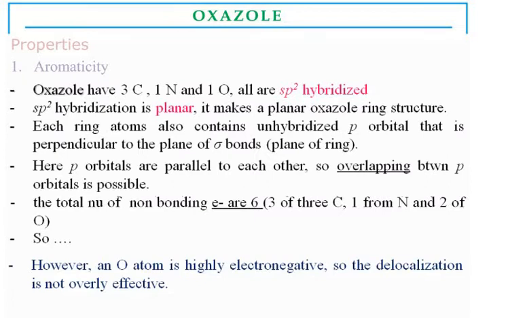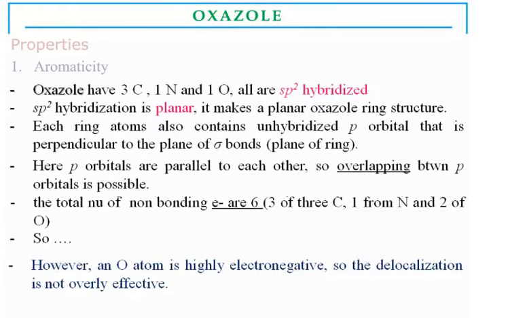We have to check some important points related to Oxazole. Oxazole has 3 carbon, 1 nitrogen and 1 oxygen. All are sp2 hybridized. sp2 hybridization is planar. It makes a planar Oxazole ring structure.